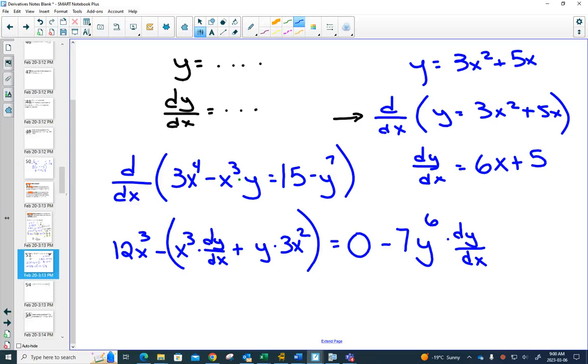To keep your life easy, do you notice you're just doing all derivatives like normal, but wherever you have a y, you do its derivative like normal, like if you had a y to the 7, you get 7y to the 6, but you always have to add the chain rule. You always have to add a dy dx when you do the derivative of y. So same thing here. What's the derivative of y? It would just be 1, but then we had to add a dy dx.